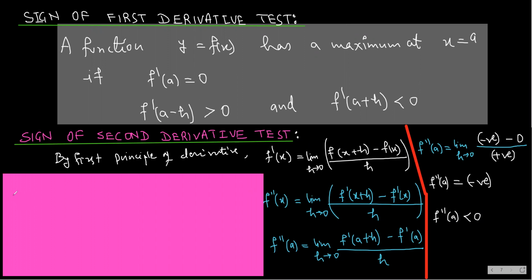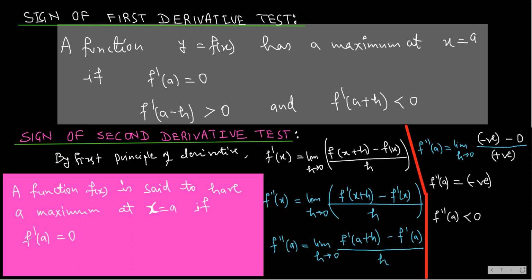See here, I write: a function f of x is said to have a maximum at x equals a if f dash a is 0, the first derivative has to be 0, and f double dash a has to be negative.